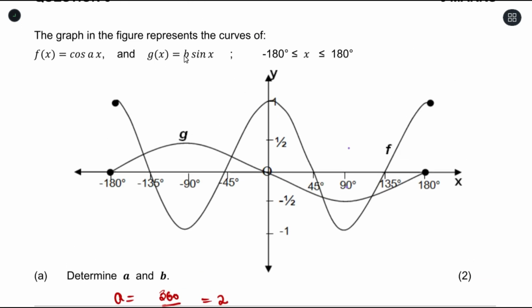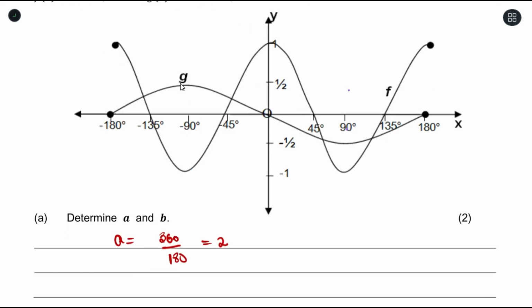For b, g(x) is equals to b sin x. So we would say that the b is your amplitude. Looking at our g, which is this graph, the sine graph, you can get your amplitude from the highest point minus the lowest point divided by 2.